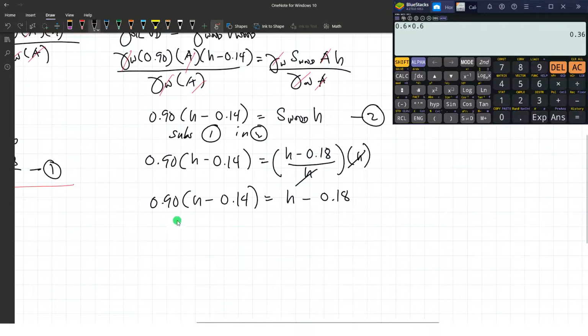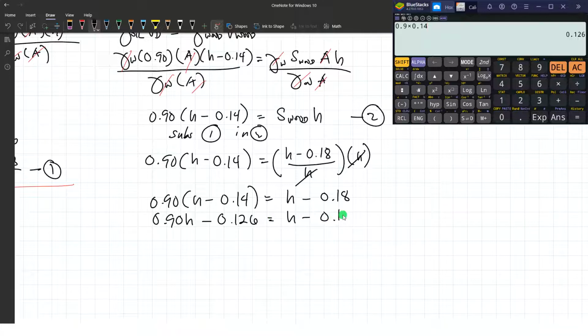Using the distributive property, we have 0.9H minus 0.9 times 0.14, that's 0.126, equals H minus 0.18. Combining like terms, we have 0.9H minus H equals negative 0.18.